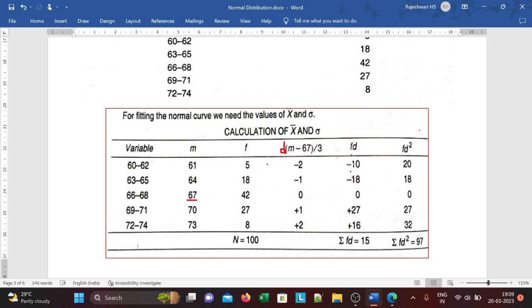So f into d. Here we are going to multiply these two columns. So 5 into minus 2 is minus 10, 18 into minus 1 is minus 18, 0, 27, 16. After that, f d square.